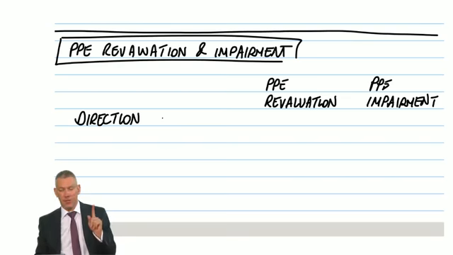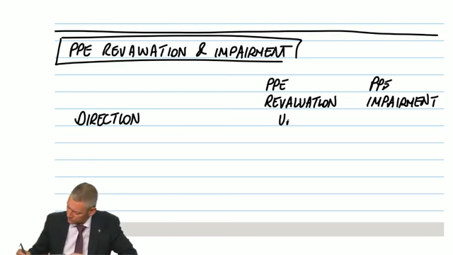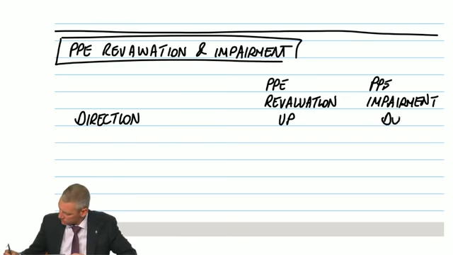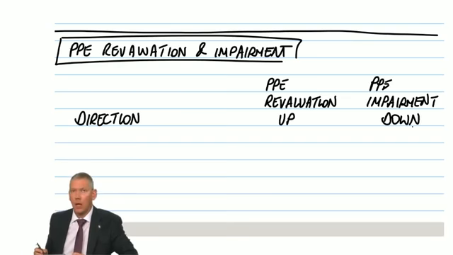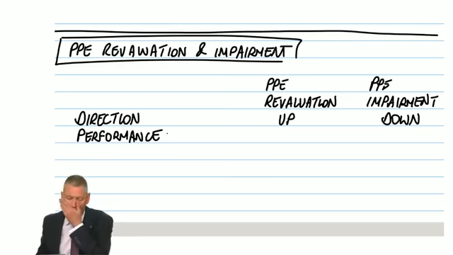First thing is the direction. With PPE revaluation, carrying value goes up, and when there's an impairment, the carrying value goes down. Pretty simple. This is just knowledge. And that is the performance reporting. Do you remember this?